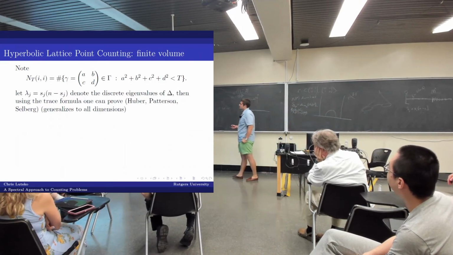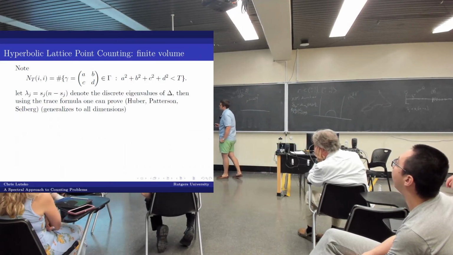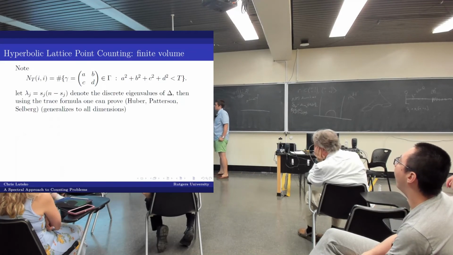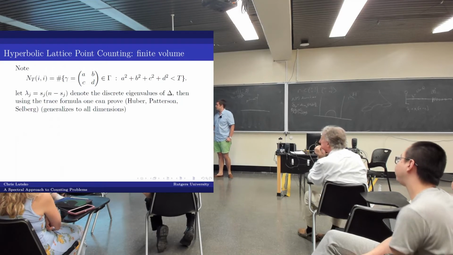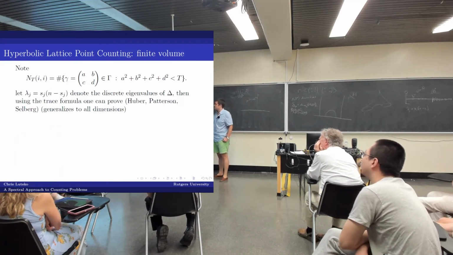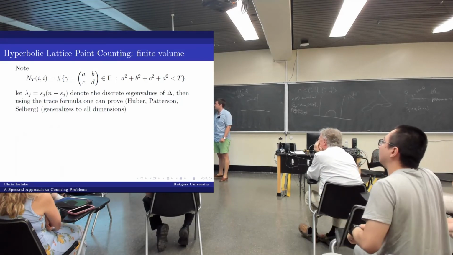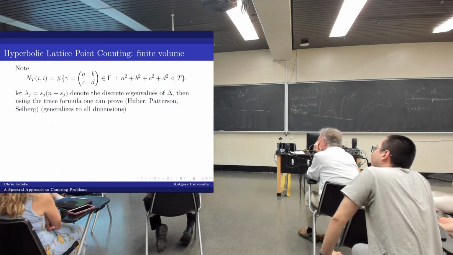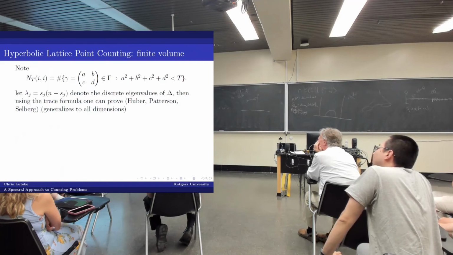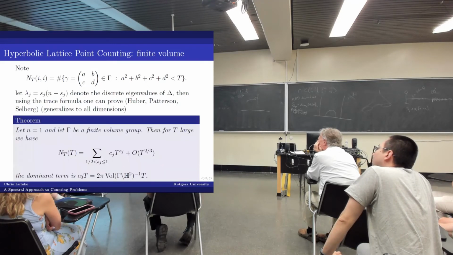So a result of Huber in the 50s, generalized by Patterson and Selberg, generalized much further, is the following. It's generalized to all dimensions, but it gets a little complicated. The solution to the Gauss circle problem has a collection of main terms which come from discrete eigenvalues, and then an error term of size T to the theta.